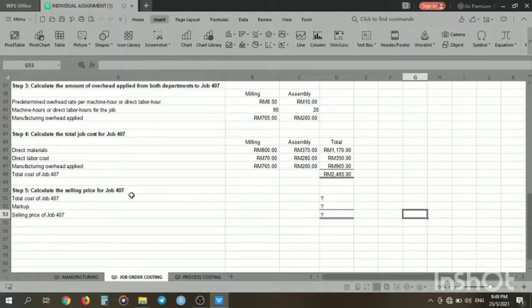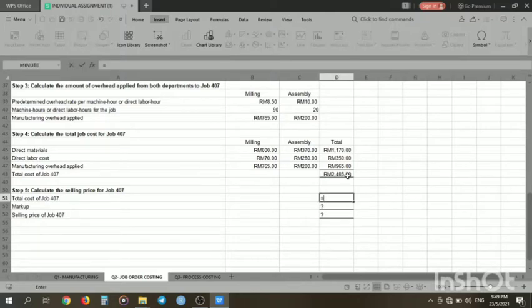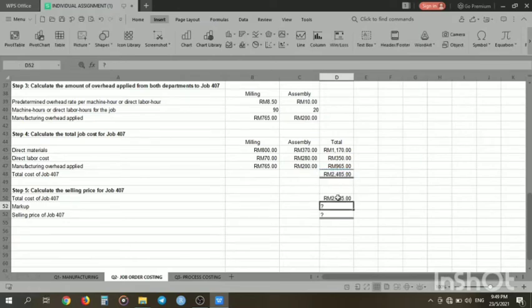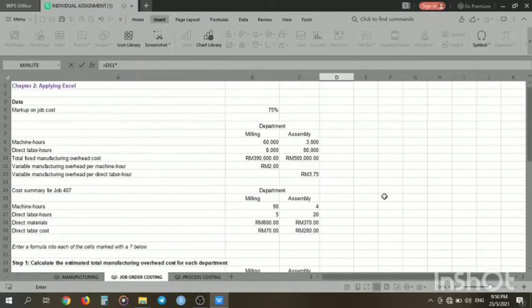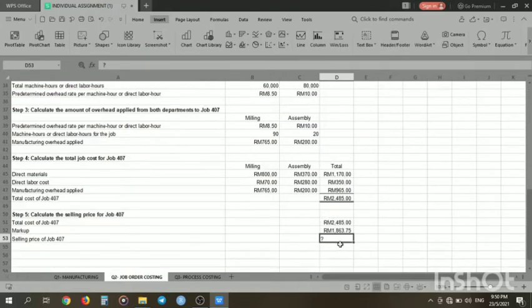For the last step, calculate the selling price for job 407. The total cost of job 407, the amount should be 2,485 ringgit. We only took the amount from the previous steps. For markup, the amount should be total cost of job 407 times the markup on job cost on the data given, 75%, and equal to 1,863 ringgit 75 cent.